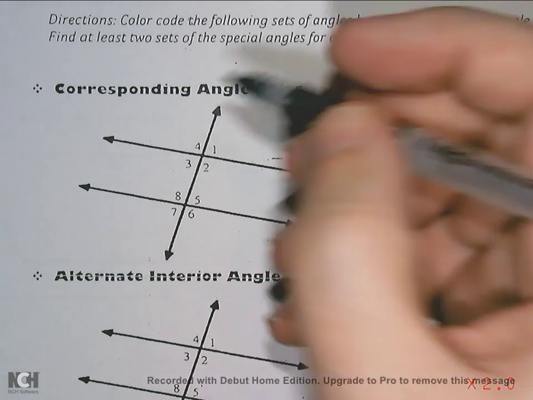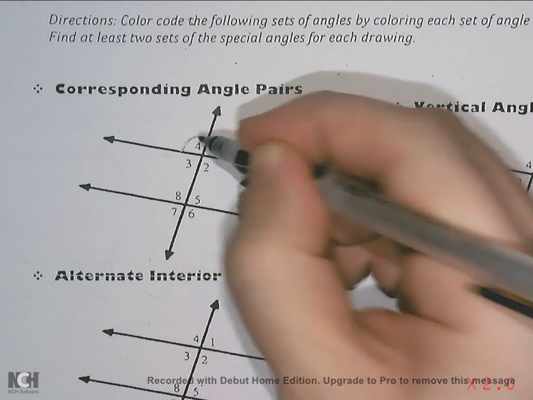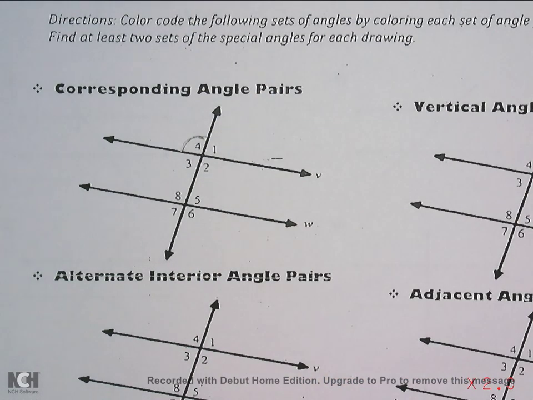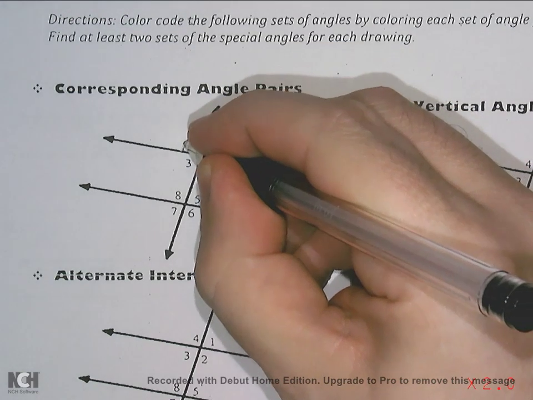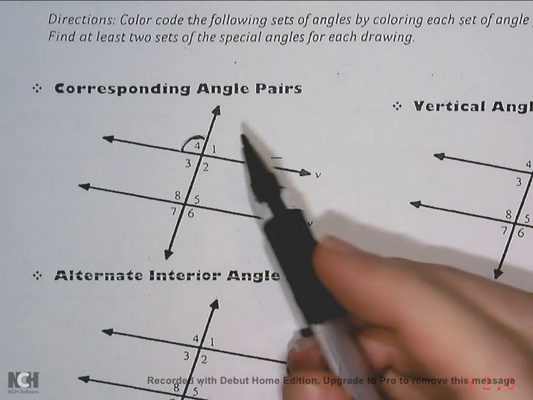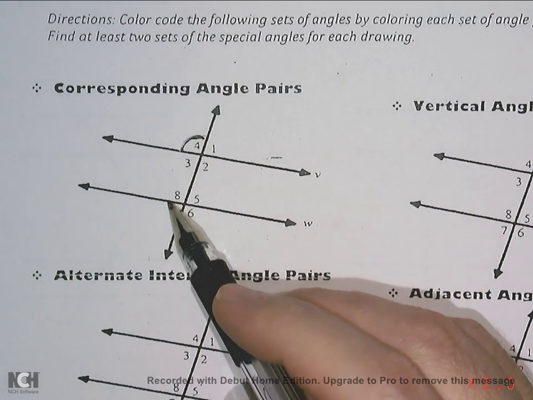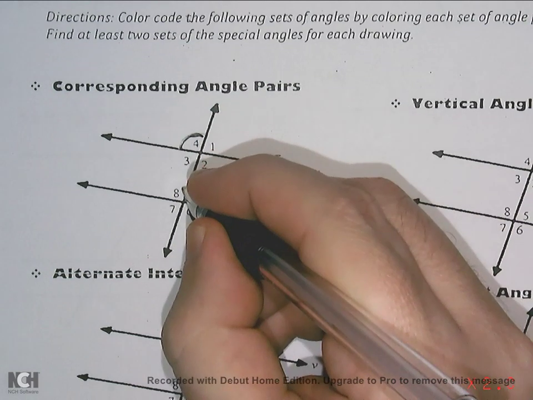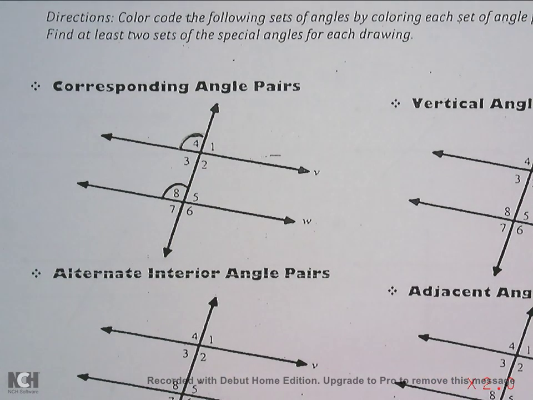So for example, if I'm looking at angle 4 here, its corresponding angle is going to be in the same spot. So this is in the top left corner, so the top left corner of the other angle would correspond with that. That would be a corresponding angle.